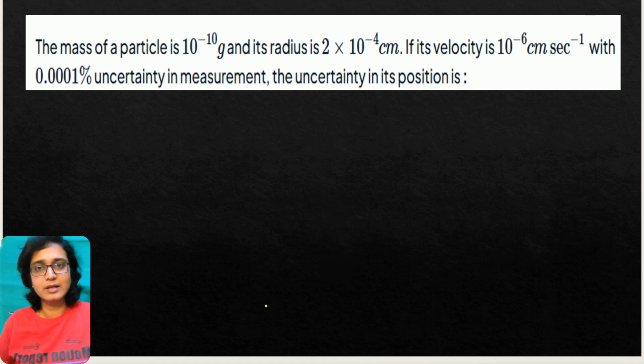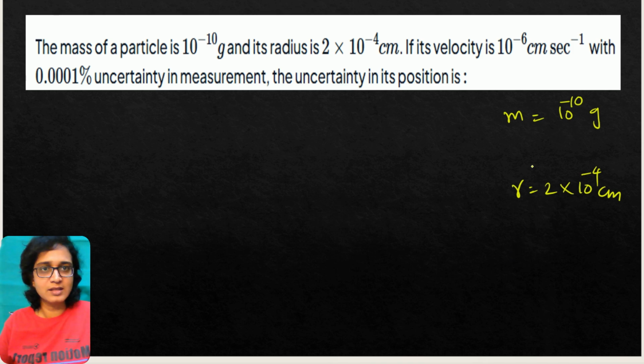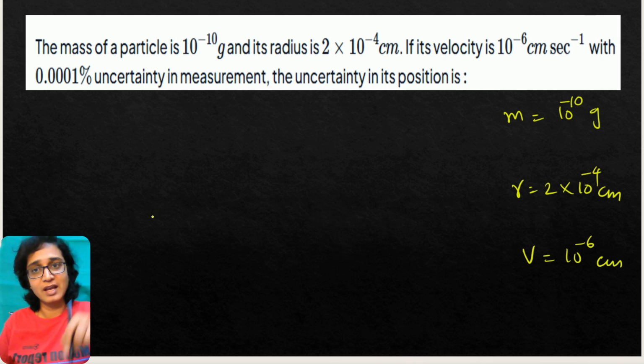The mass of a particle is 10 power minus 10 grams. So mass is equal to 10 power minus 10 grams, not in kg. And next, radius 2 into 10 power minus 4 centimeter. Okay, then velocity, if velocity is 10 power minus 6 centimeter with 0.0001 percent, so in the velocity the uncertainty will be some percentage. So calculate the exact value of uncertainty.